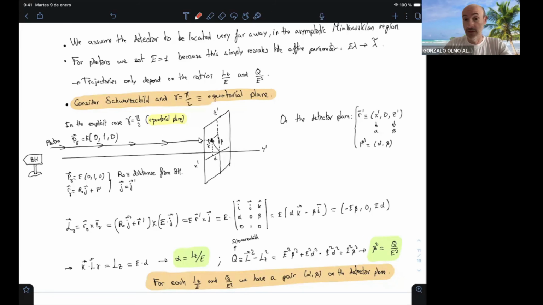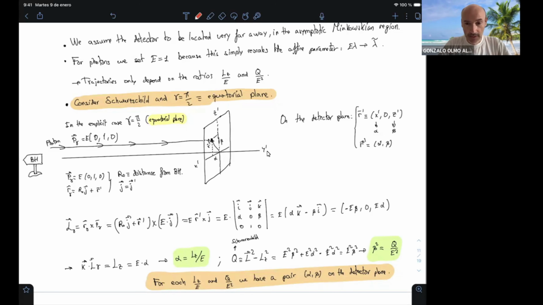Because if there is any angle, then when propagated backwards, since the black hole is so far away, it will not reach it. So we really need the light rays to be parallel to the observation angle. In this case, the observation angle is pi halves. This is why all light rays go in that direction.